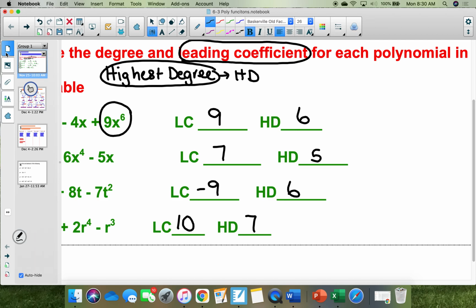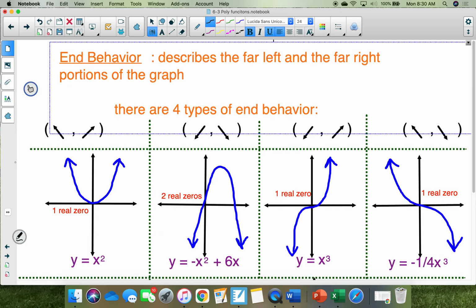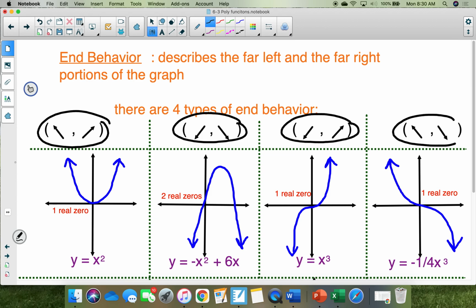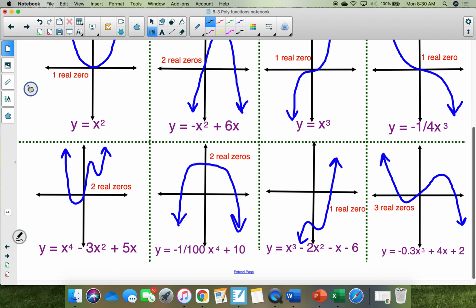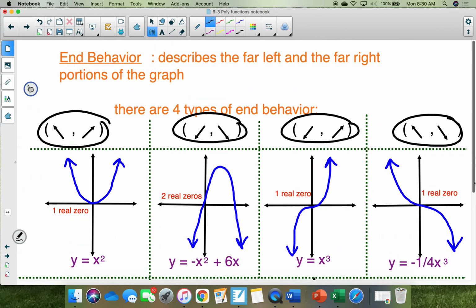Now comes the second part of the worksheet. This gets kind of confusing, so I want you to look at this. These are called the end behaviors that you'll need to write down. If the arrows are both facing up, I'll just write it on here.